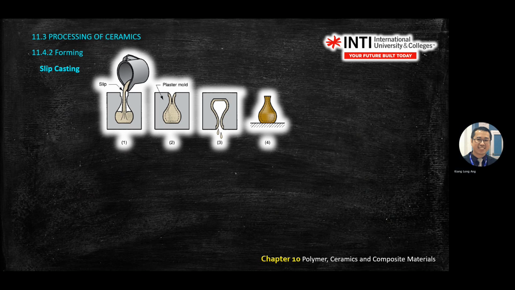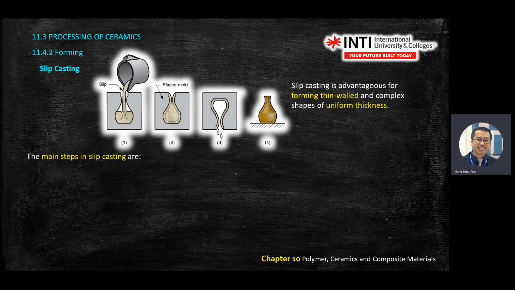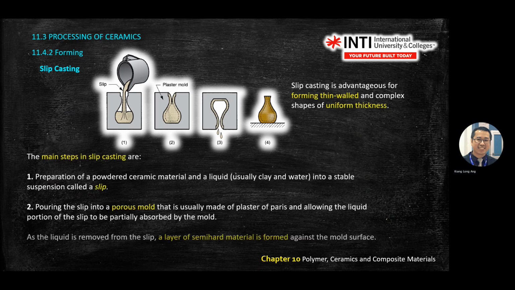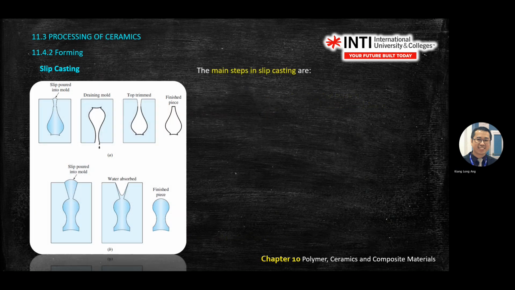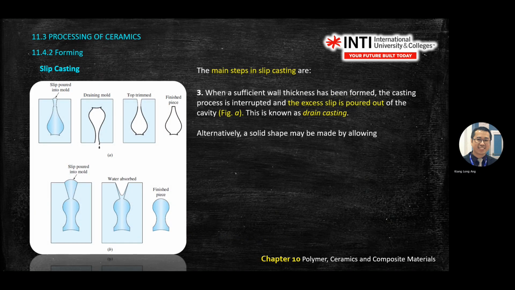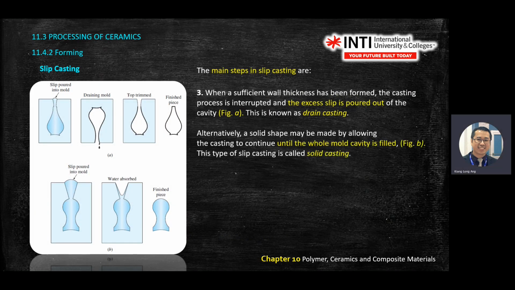Then they drain it out from the mold. Then they do natural drying, or they put it into the fire, just to let it become a solid vase. The rest you read. The rest is still the same.